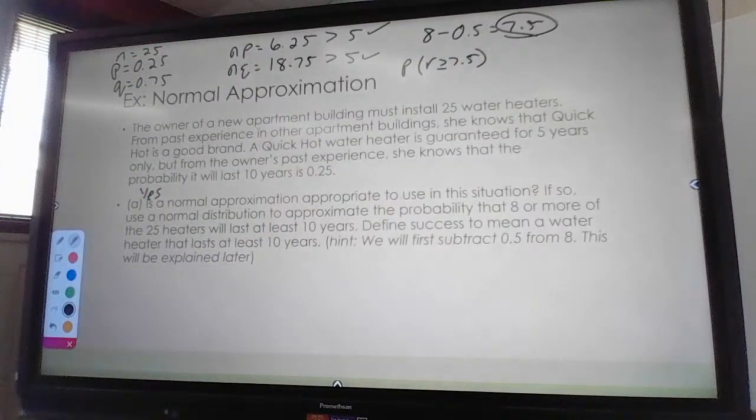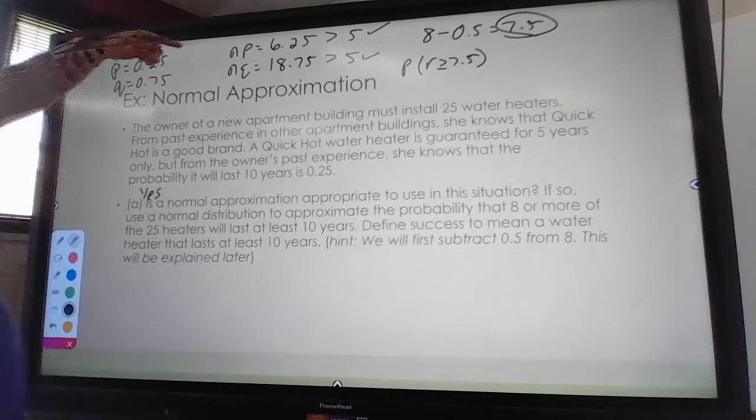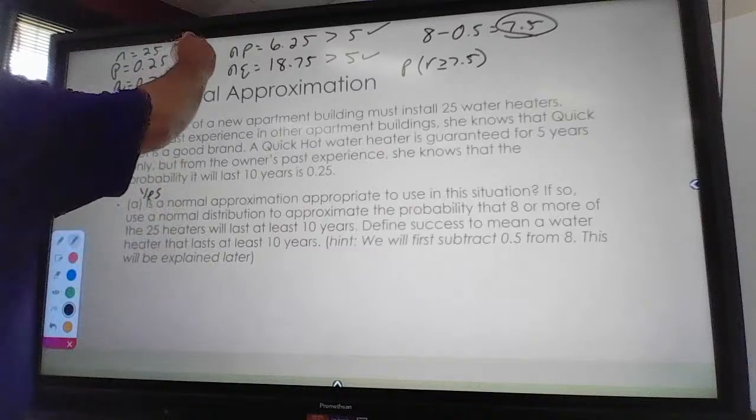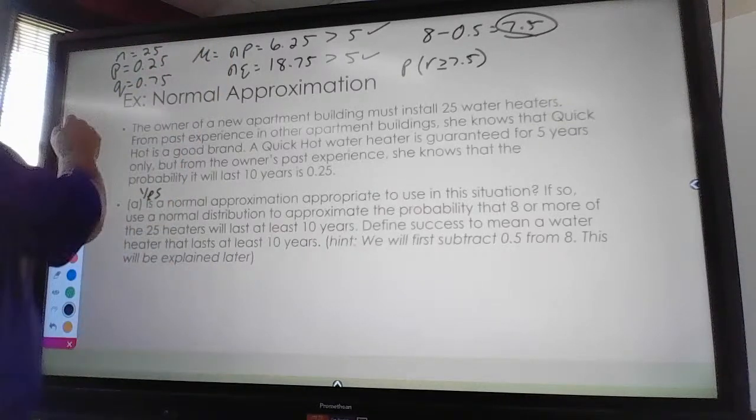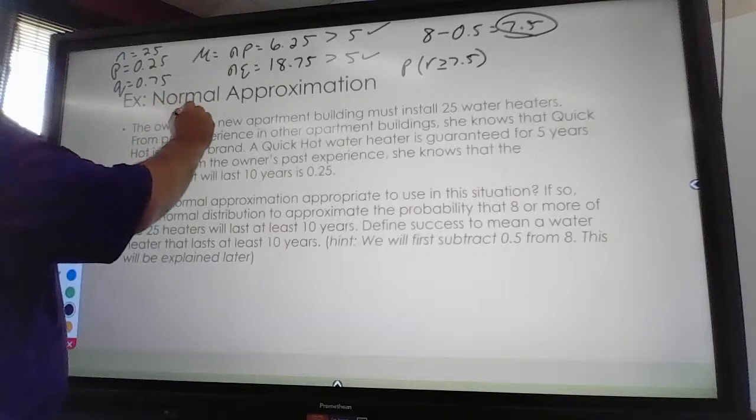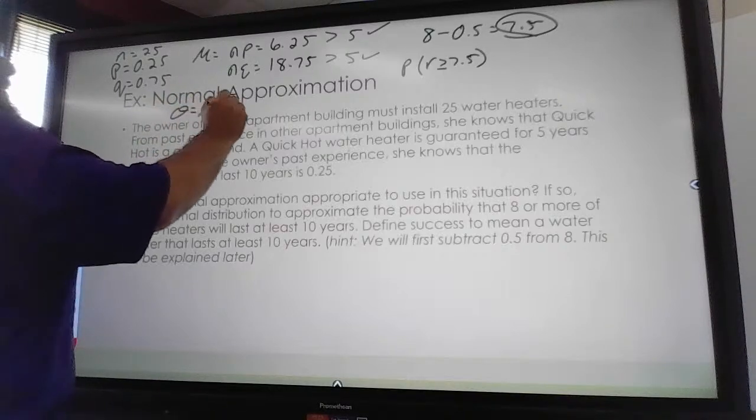Now we're going to use a normal distribution to approximate this probability, which means we need the mean and the standard deviation. We know the mean is 6.25. We've already calculated this. We need to find the standard deviation, which is the square root of npq.